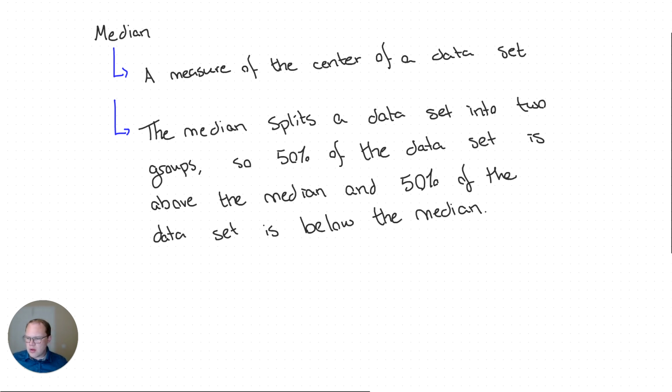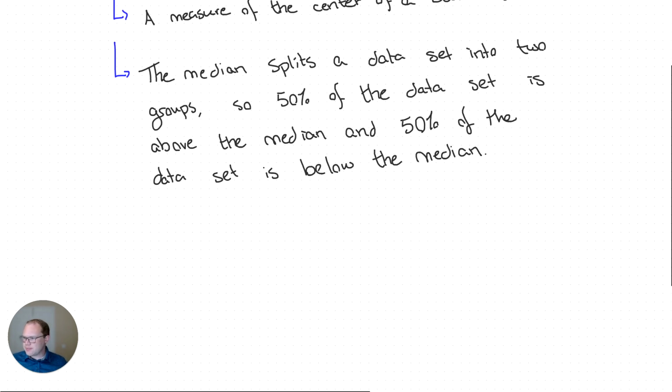Okay? So say we have a data set. Here we have this data set. Now we want to find the middle value so that half of the data is above and half of the data is below.